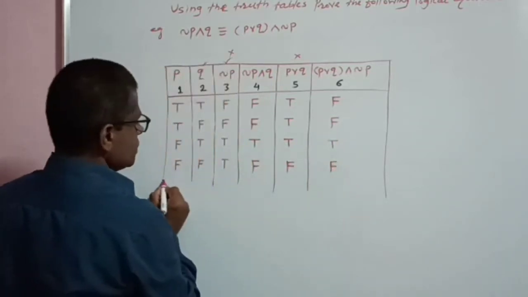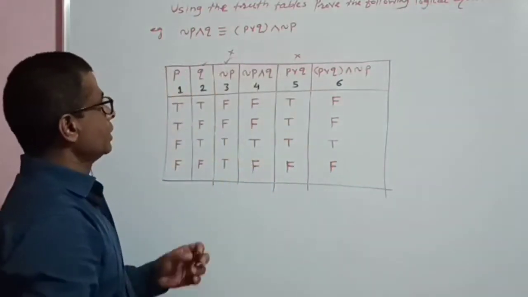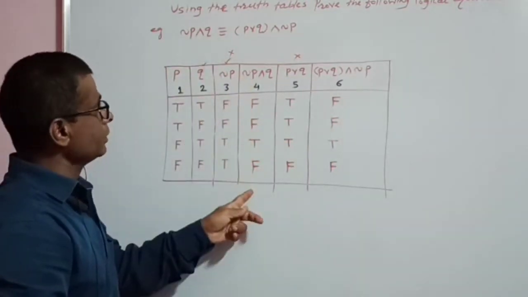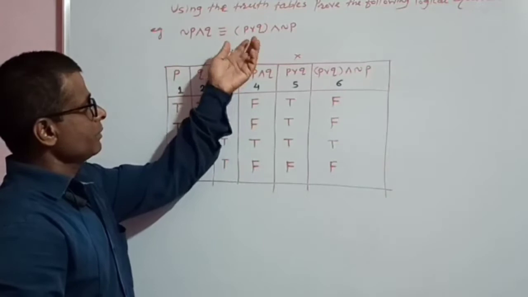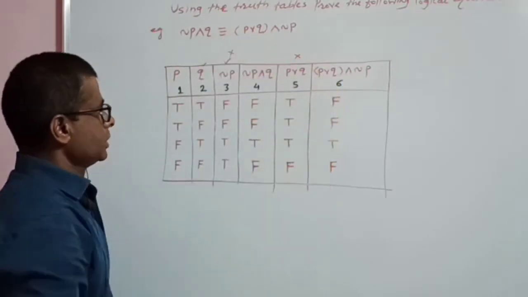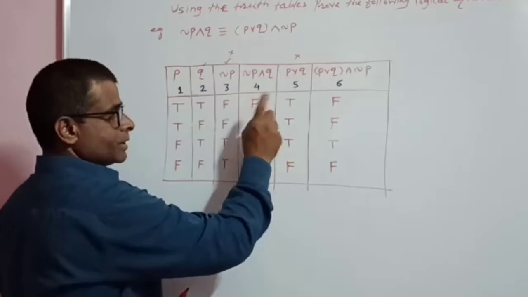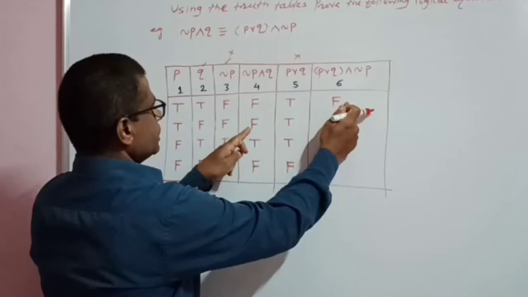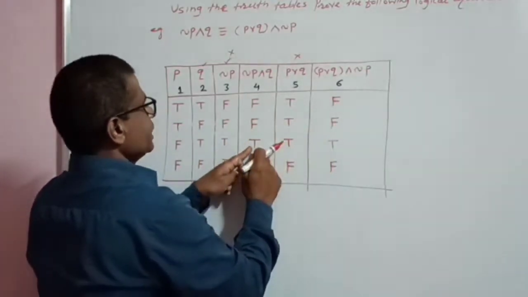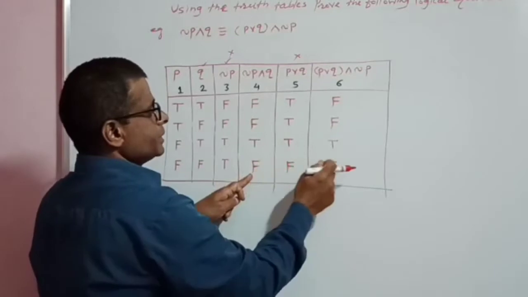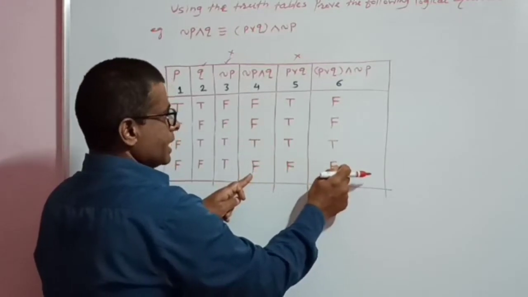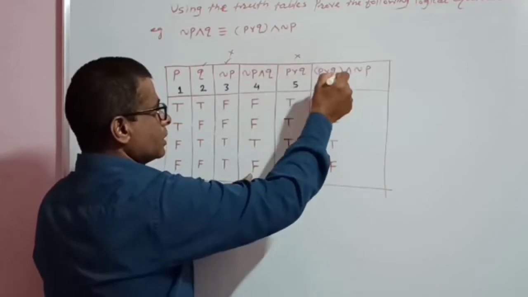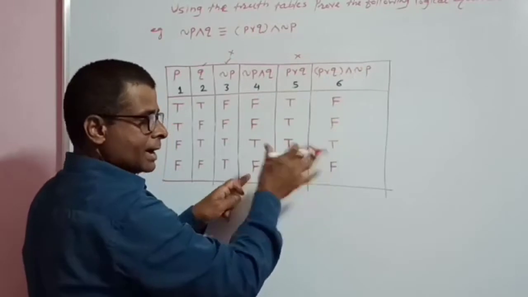Now we observe that the truth values of the statement pattern negation of (P conjunction Q) are present in column number 4, whereas the truth values of the right hand side are present in column number 6. Now we try to identify the corresponding truth values: F, F, F, F, T, T, F, F. That means the corresponding truth values in columns 4 and 6 are identical.